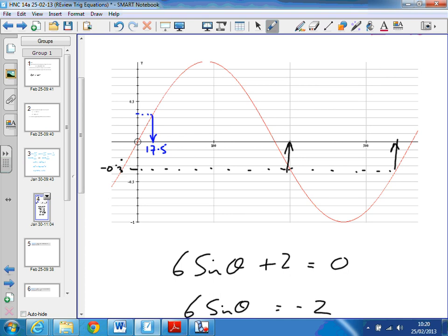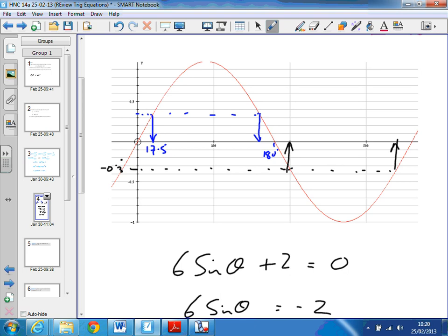So how do I find out what this angle is? This is 180 degrees, isn't it? What will this angle be? 180 minus 17.5, so we might be interested in that one, but we're not. We're interested in this one, so what do we do? Right, 180 plus 17.5 will give us this angle.